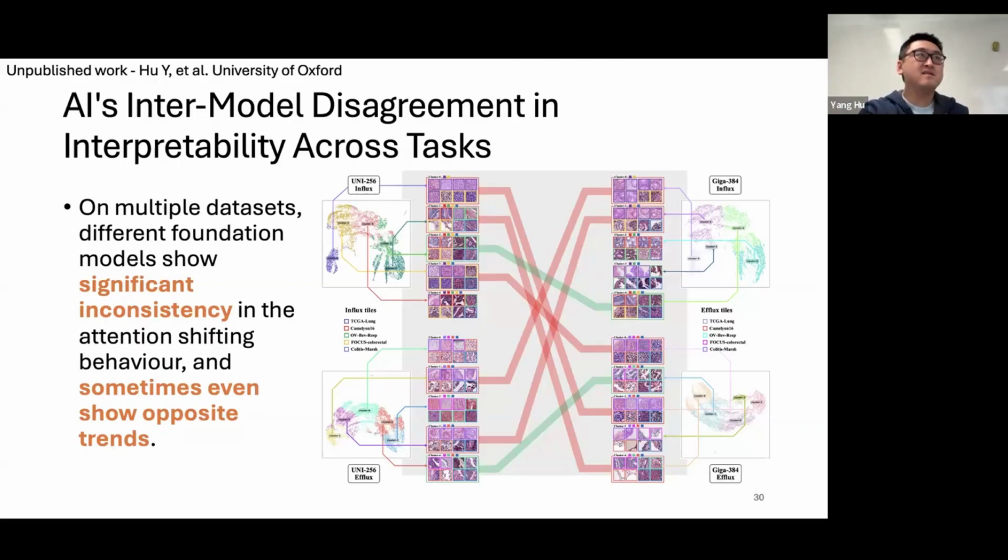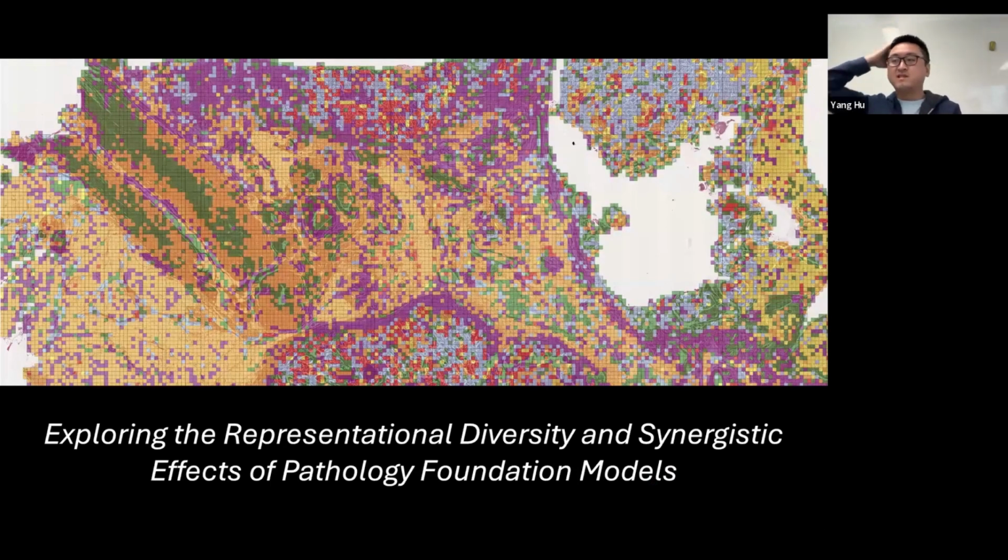So basically we can conclude that although the different foundation models show almost exactly the same accuracy performance, they are moving the attention in completely different directions. That's a phenomenon we don't want to see if we would like to have a stable, expandable AI model, right? So we started to think about how we can solve this problem.